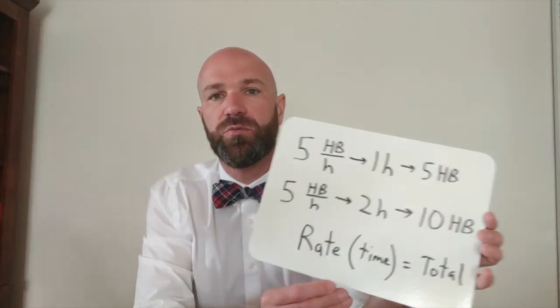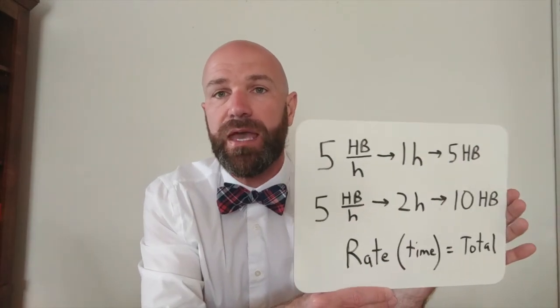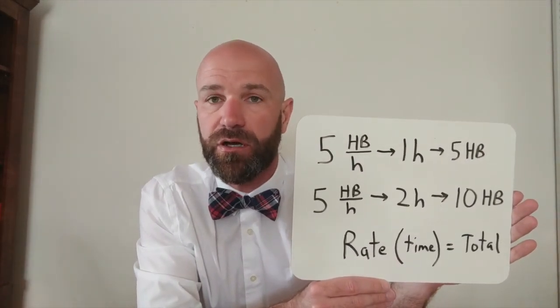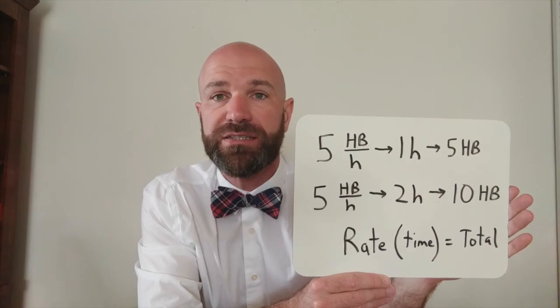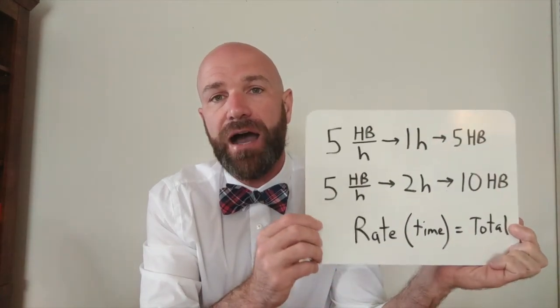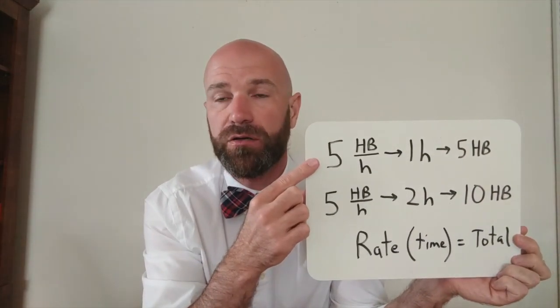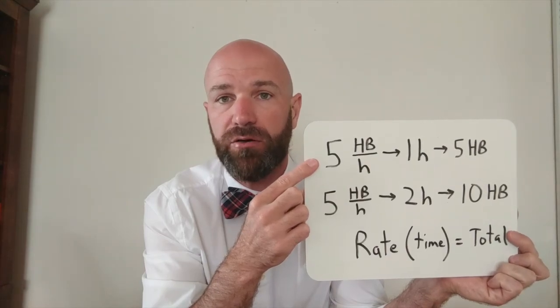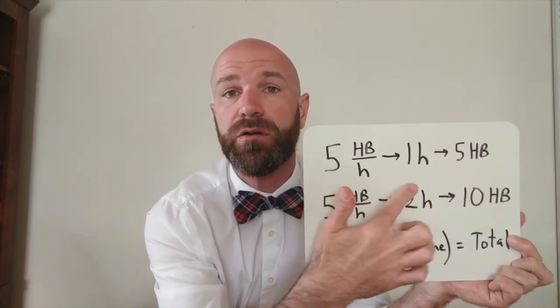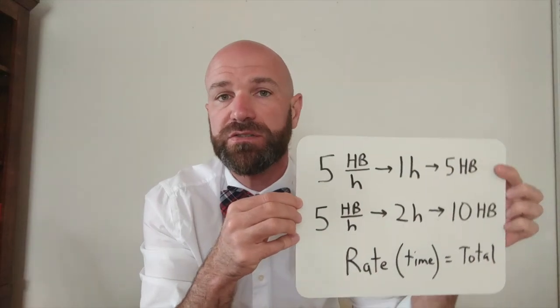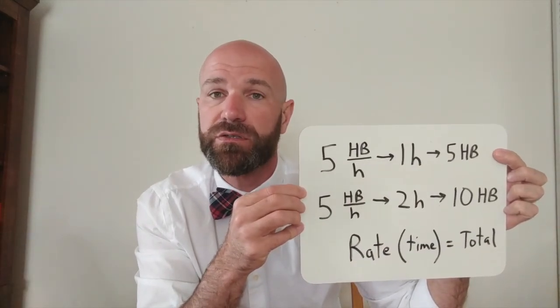So let's imagine we have a rate at which we're going to eat these hamburgers, all right? Let's imagine I go into McDonald's, I sit down, and I eat 5 hamburgers an hour, all right? 5 hamburgers an hour. If I stay in there for 1 hour, then that means I'll just have 5 hamburgers, all right?